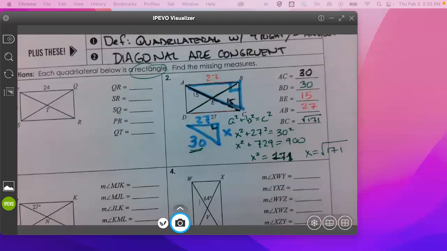Any questions on problem number 2 here as a model of how we're going to solve these problems? 5, this seems easy. I got this. 3, I'm going to be looking at the notes to see what the rules are because I haven't memorized those yet, but I can apply these. 1, I don't believe in rectangles.